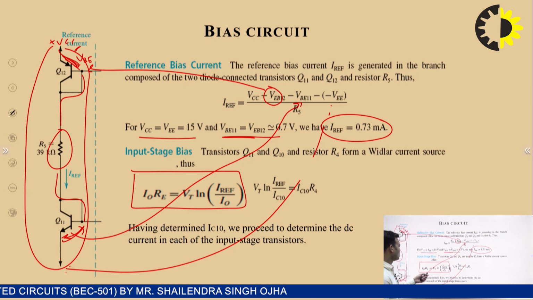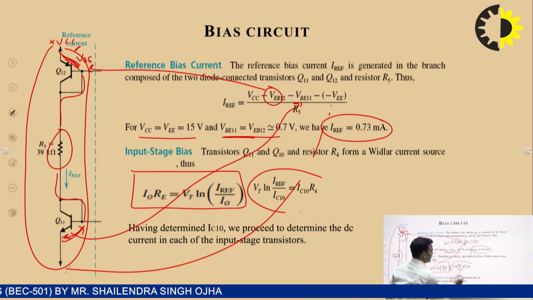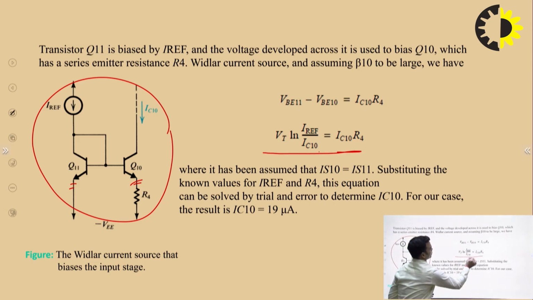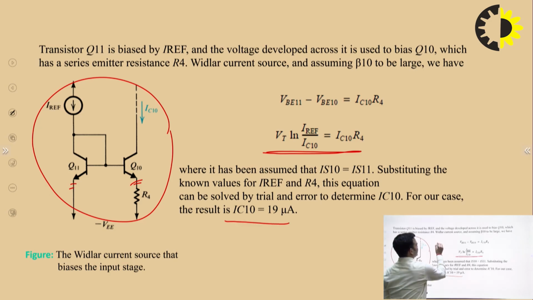So for this circuit, we can write IC10 into R4 is equal to VT ln of I reference upon IC10. In this case you know the value of VT, the value of R4, and the value of I reference. So by the hit and trial method, you can find that IC10 is 19 microampere.